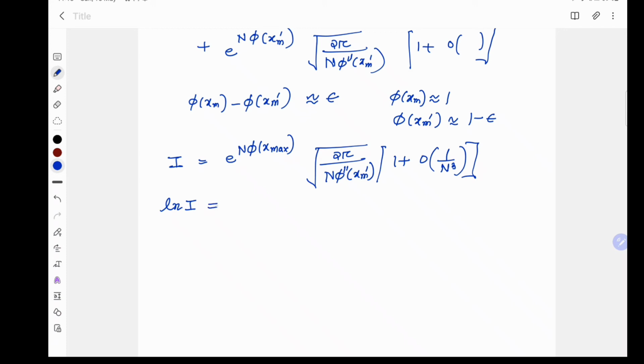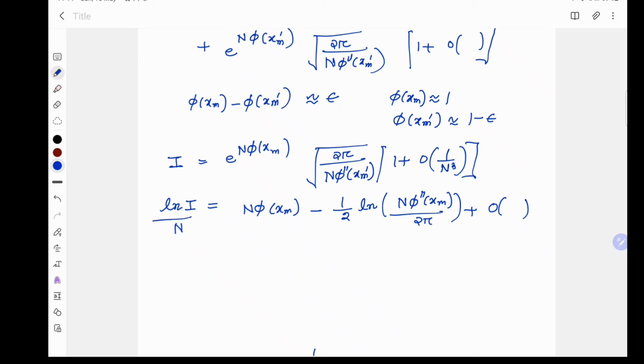You take the log: n phi x_m minus 1 over 2 ln of n phi double prime x_m over 2 pi plus higher order terms. So let us divide by n now.